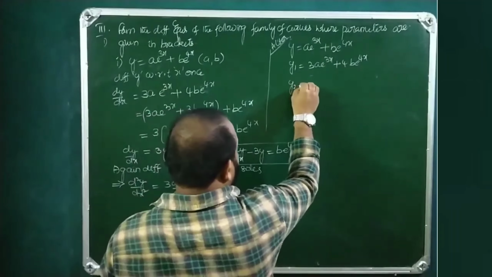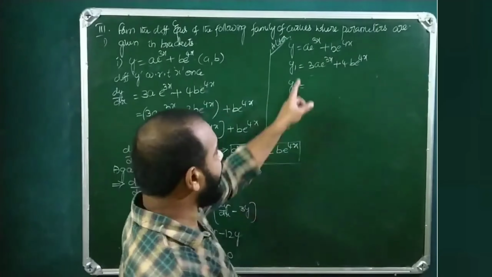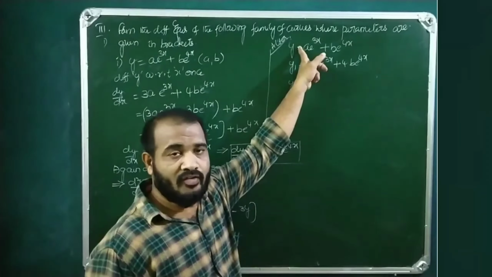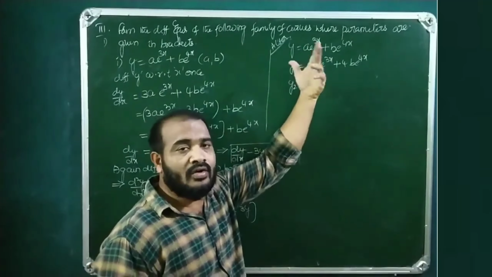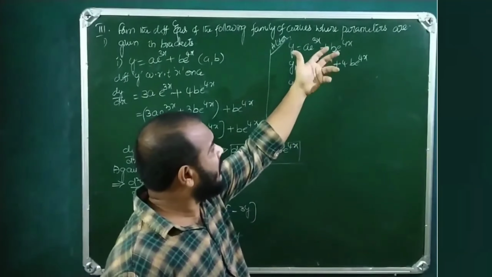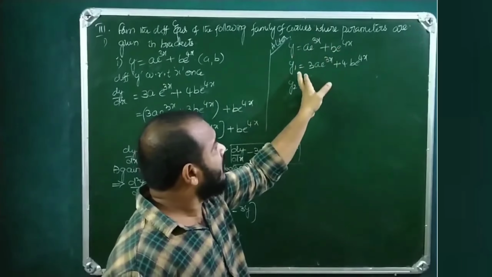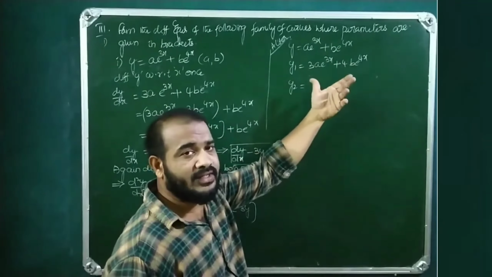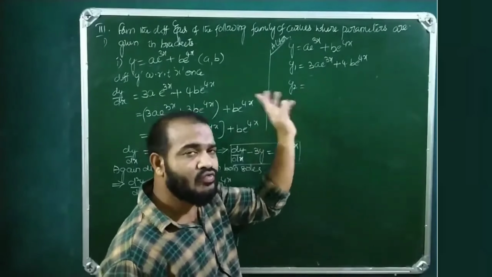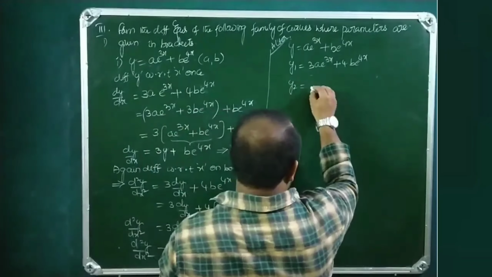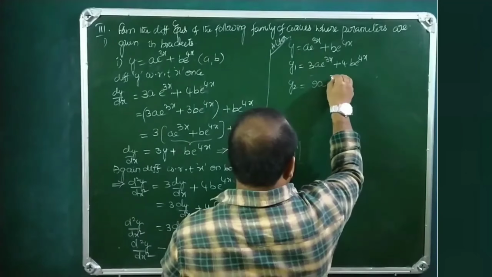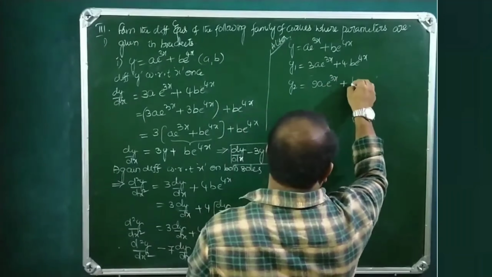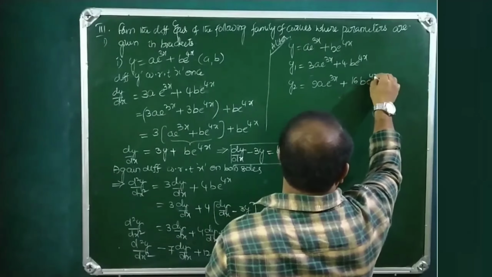Again differentiating, y2, the derivative of y1, which is dy/dx, is d²y/dx², written as y2. This is 3 threes are 9a e^(3x) plus 4 fours are 16b e^(4x).